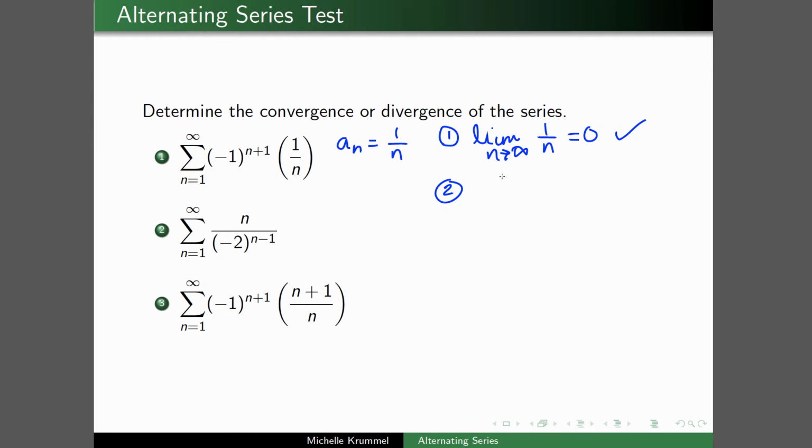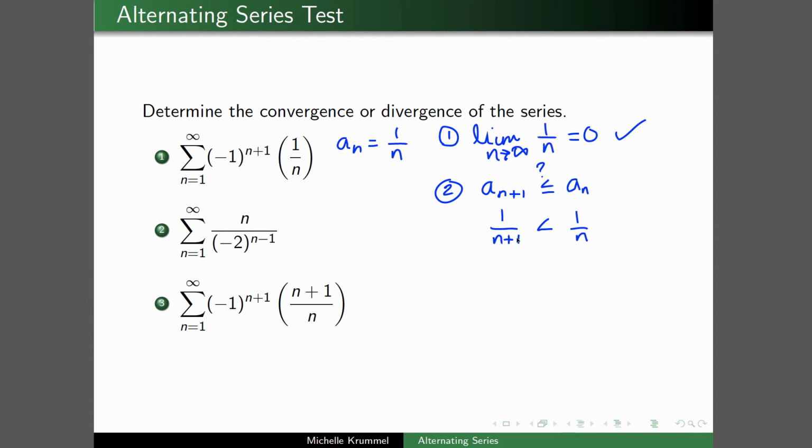And the second thing we have to check is a sub n plus 1 less than or equal to a sub n. A sub n plus 1 would be 1 over n plus 1. A sub n is 1 over n. Comparing these two fractions, the one on the left is always going to have a larger denominator, therefore it'll have a smaller overall value.